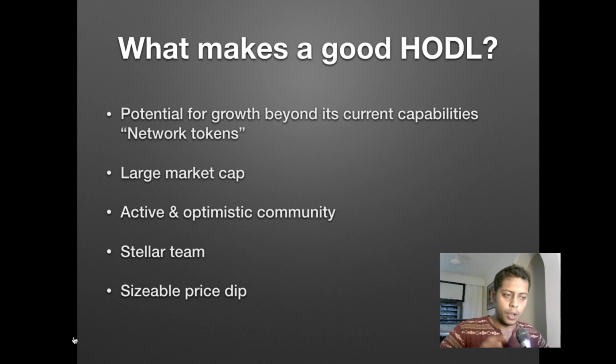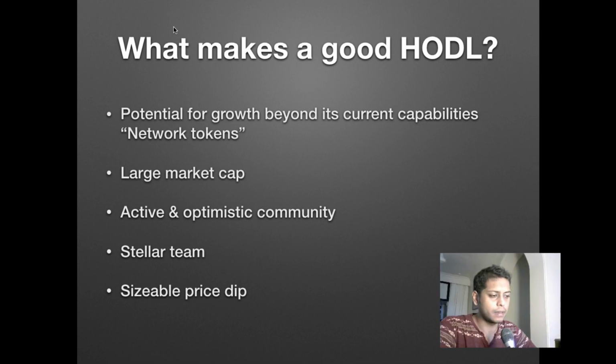If you're going to put money down on a long-term hold, you have to do your research. You have to. And part of that research should be looking into the team. Just like in startups, your investors, while they are investing in your solution, will choose to invest in you because of your team.